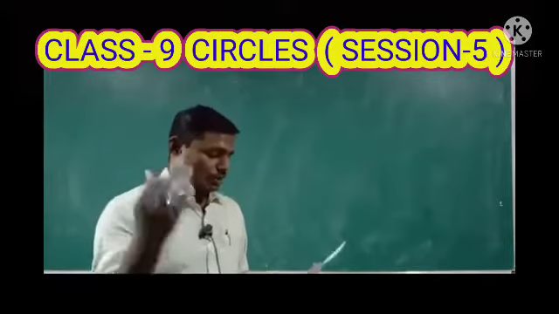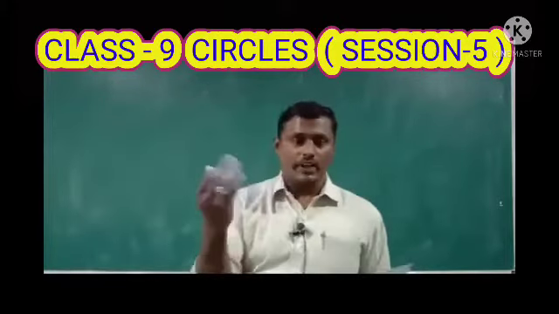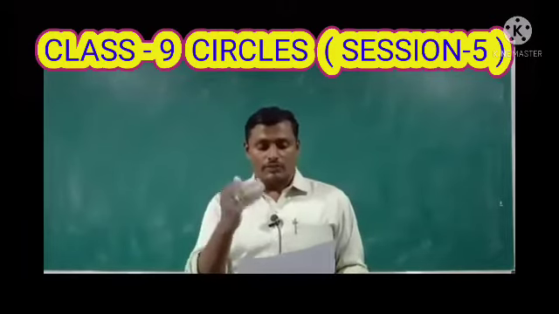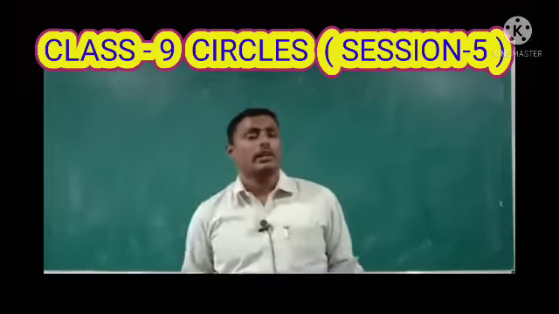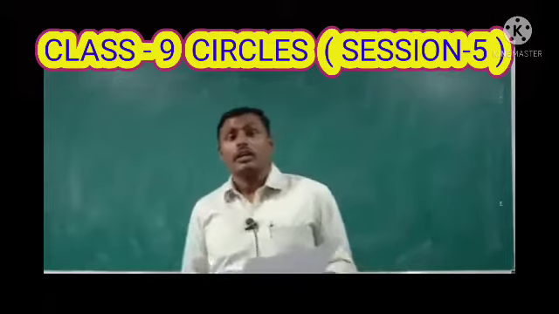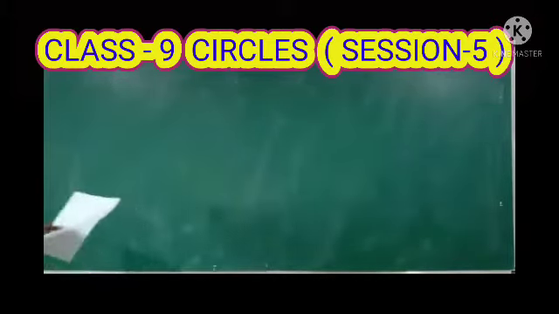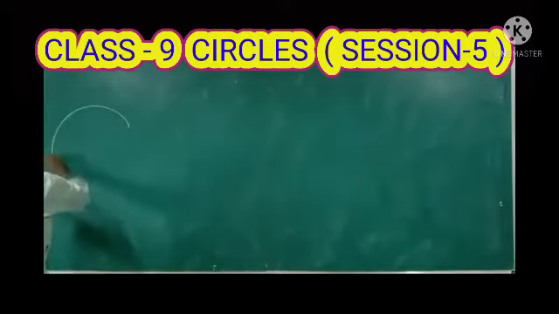So two circles are there with different diameters. The first circle's diameter is 50 centimeter, the second circle's diameter is 34 centimeter. You need to find the distance between the two centers of the circles.